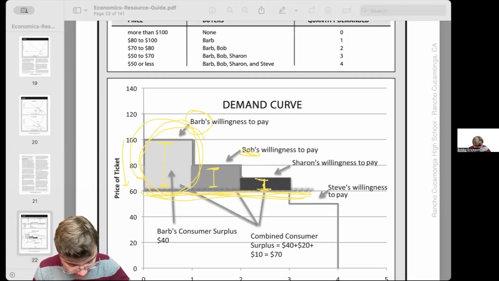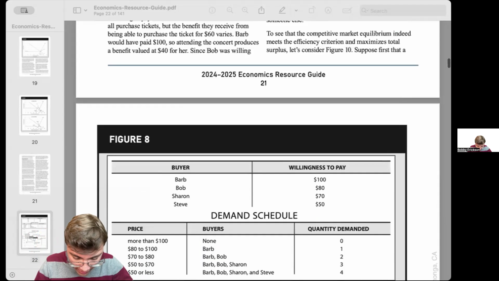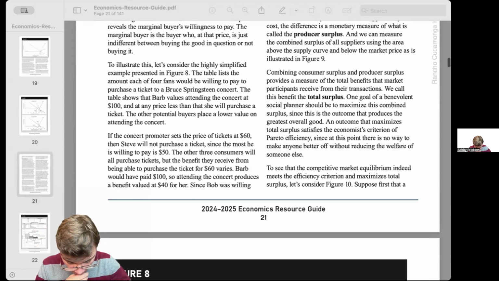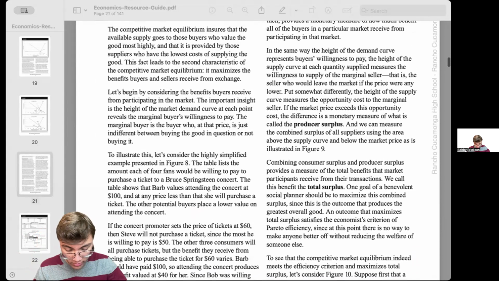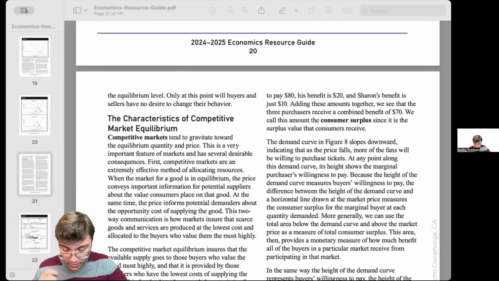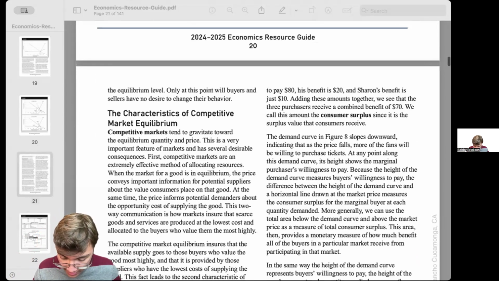So if we go ahead and look at what it says here, attending the concert for Barb produces a benefit valued at $40 for her. And then Bob has a benefit of $20. Sharon has a benefit of $10.